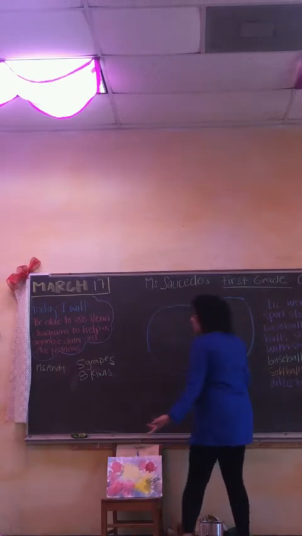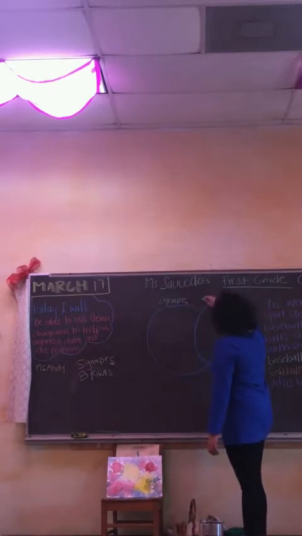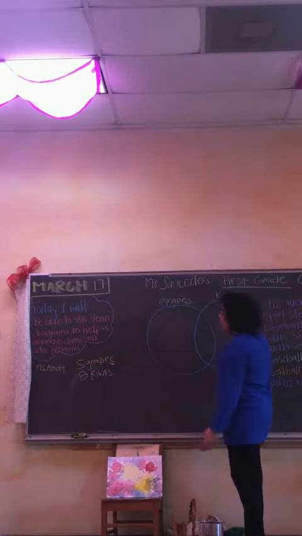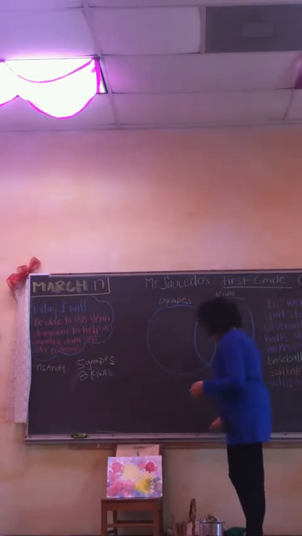So one way to do it is we can put grapes and kiwis. So how many grapes will we draw in this section, Ollie? Do you know? 5. Okay, do you want to come draw the grapes?